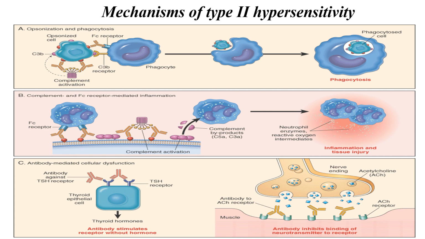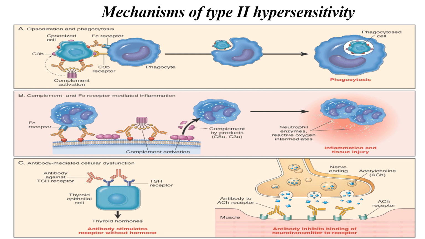Next, complement is activated and produces complement fragments 5a and 3a, and neutrophil enzymes and reactive oxygen intermediates are released, and inflammation and tissue injury are formed.